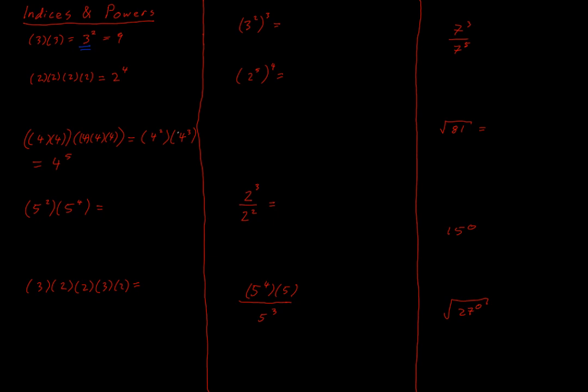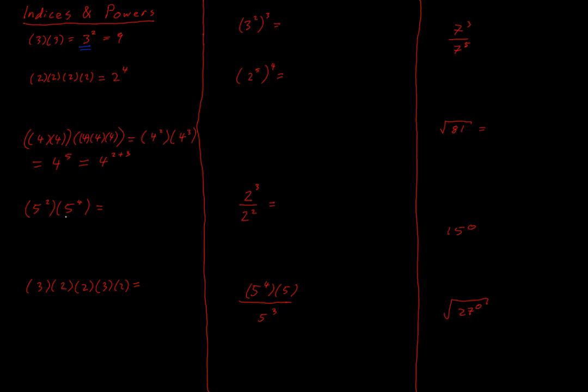And if we look at the powers that we had on the individual 4s here, so 4 squared multiplied by 4 to the power of 3, or 4 cubed, gives me 4 to the power of 5. What did I do with the powers when I was multiplying my numbers? I ended up adding the powers. 4 to the power of 2 plus 3, I end up with 4 to the power of 5.